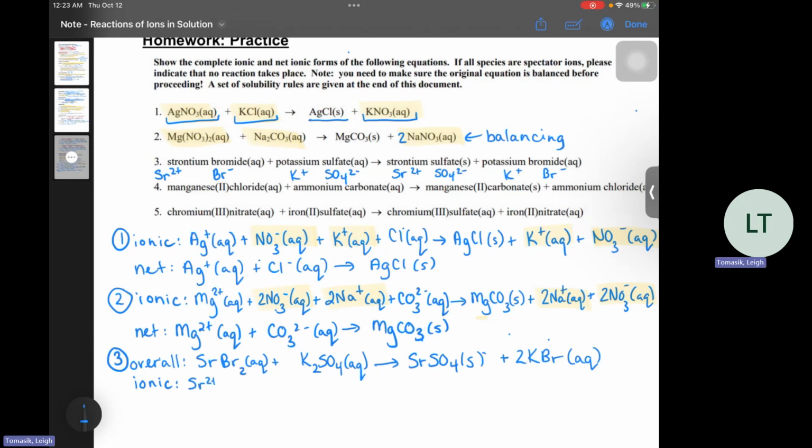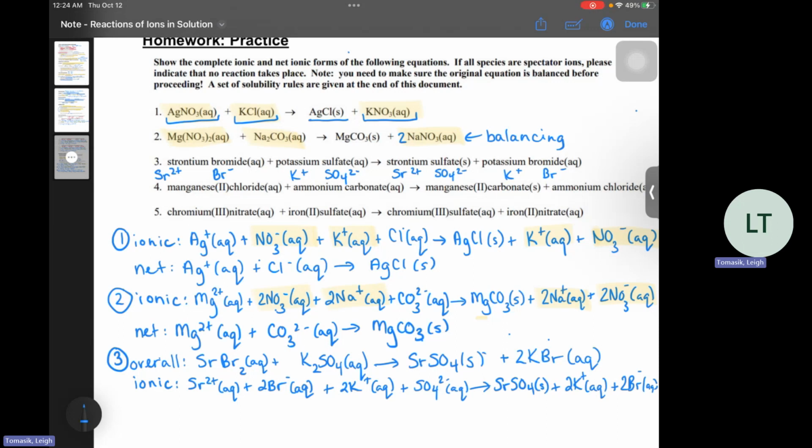So we have Sr2+ aqueous plus 2Br- aqueous plus 2K+ aqueous plus SO4 2- aqueous arrow SrSO4 solid plus 2K+ aqueous plus 2Br- aqueous.